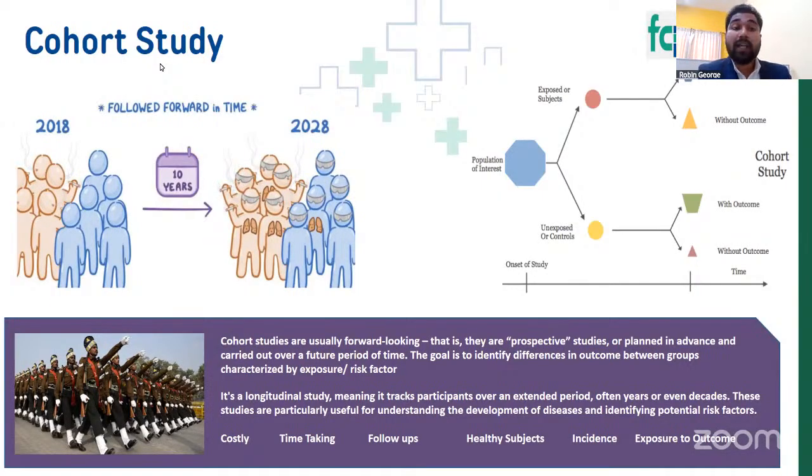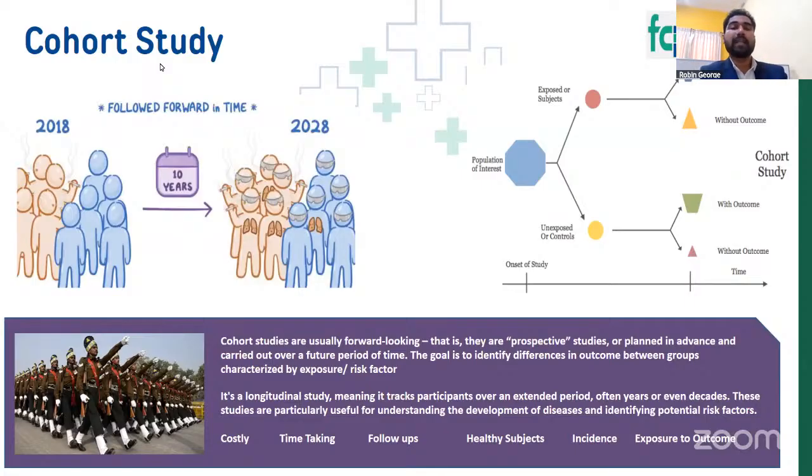So in a cohort study, I took 100 healthy people. That is the most important thing that differentiates a cohort study from a case control study. In a cohort study we take healthy people, whereas in a case control study, case means a patient, so we take patients.